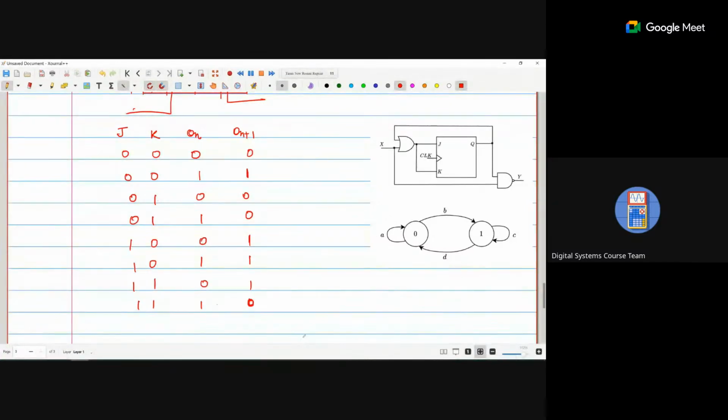Now in the question, when present state is 0, the next state is also 0. So when present state is 0, next state is 0, what is the input x? That means we require a 0 here. How is the 0 required? That means Q is 0 as well as X is 0. The present state is 0, the next state is 0, so this particular term is 0.